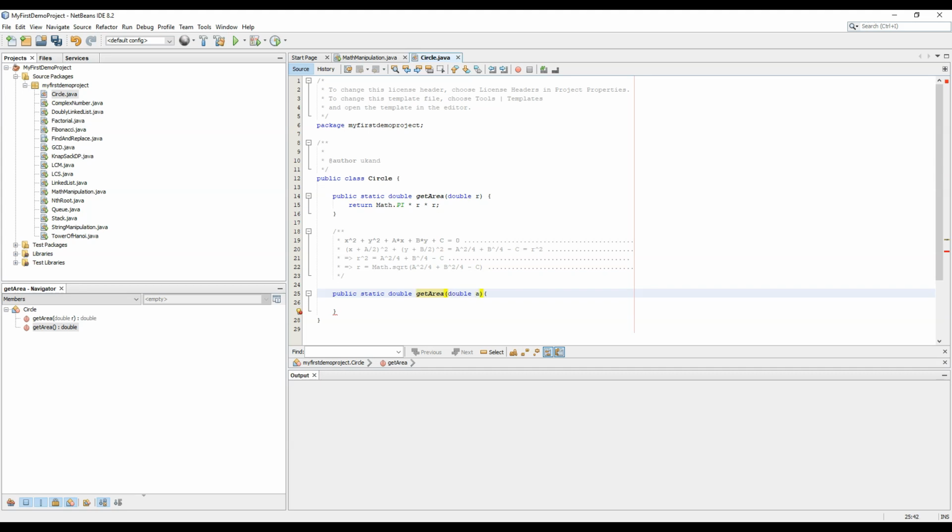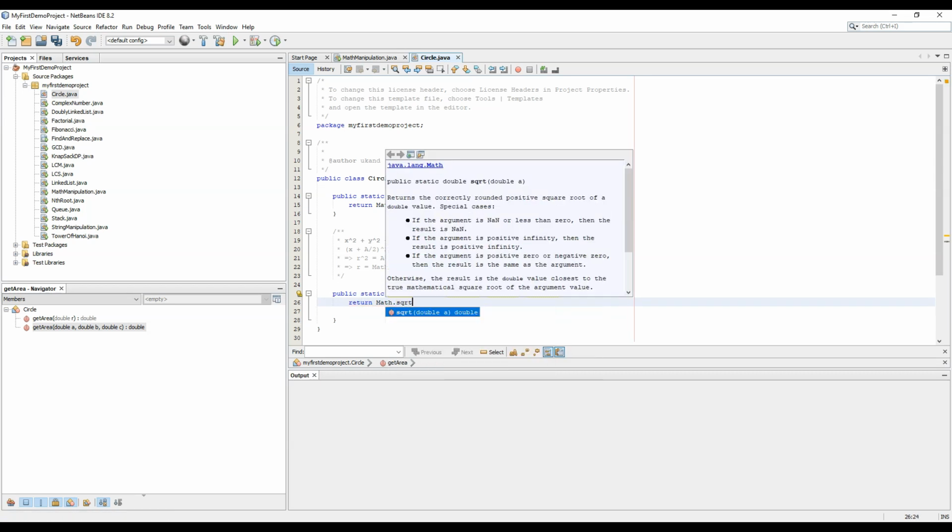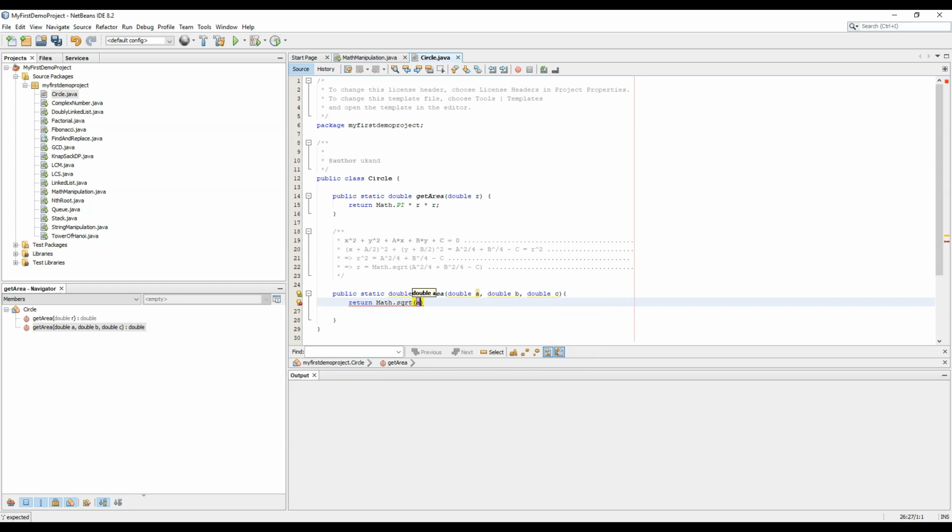So double a, double b, double c, and we just need to return Math.sqrt of a into a by 4 plus b into b by 4 minus c, and this is the value.